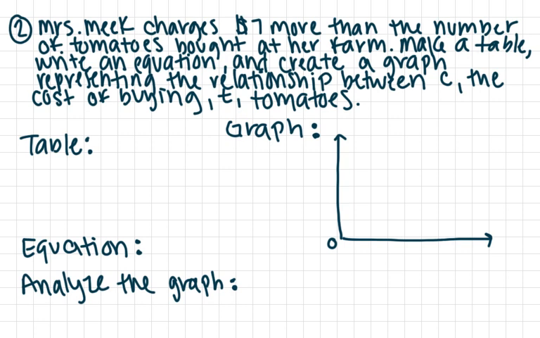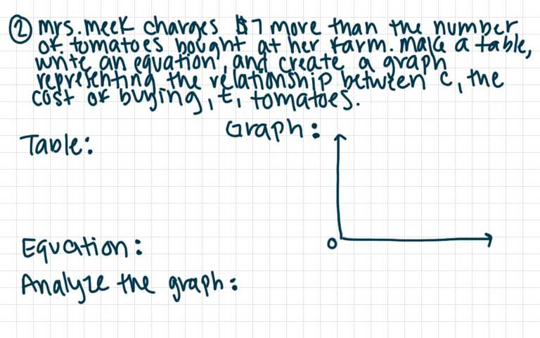Let's do another one. This one says Miss Meek charges $7 more than the number of tomatoes bought at her farm. Make a table, write an equation, and create a graph representing the relationship between C, the cost, of buying T, tomatoes. Again, they're telling us the letters to use.